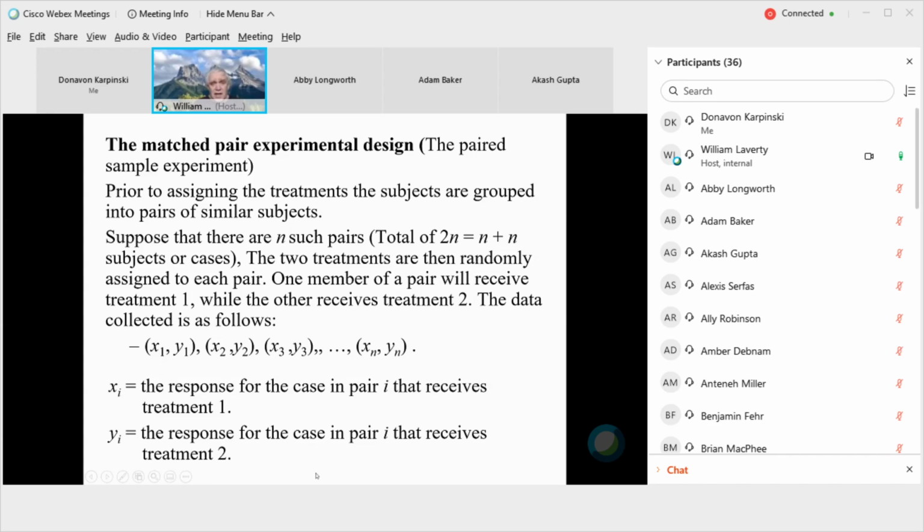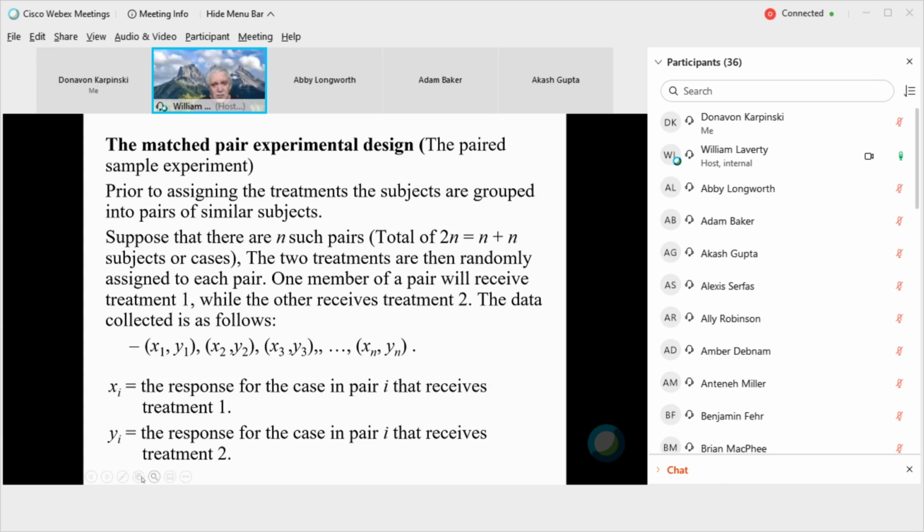Suppose you have n pairs of subjects. So we have a total of 2n subjects. Then you assign the treatments to each pair, one treatment to one member, the other treatment to the other member.